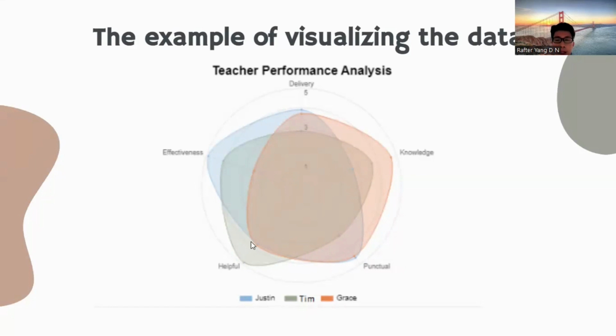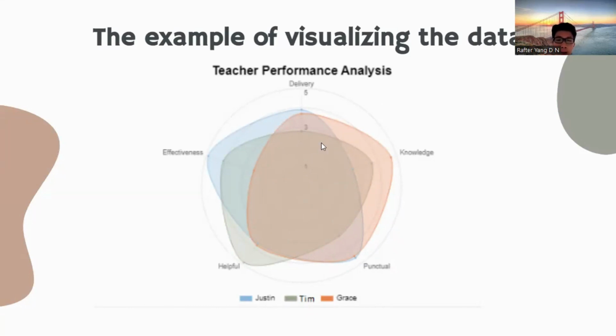By looking at the graph, we can easily know what they're lacking or what they're good at. Let's say the first one, Grace, she's really good at knowledge and she's a punctual person, but for delivery, effectiveness and also helpful, it's quite lacking.